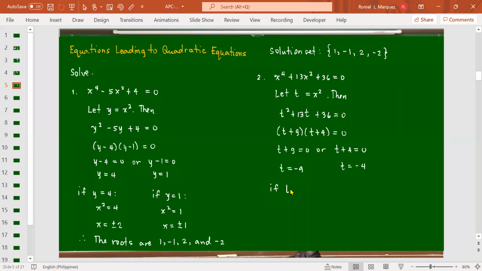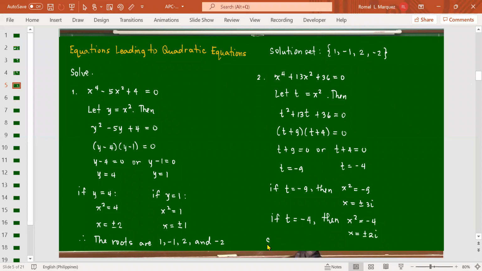If t is equal to -9, then what is our x squared? That is -9. So x therefore is plus or minus 3i. Okay? What about if t is equal to -4? Then we have x squared is equal to -4. x is equal to plus or minus 2i.